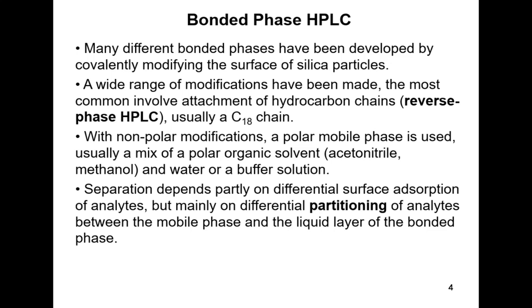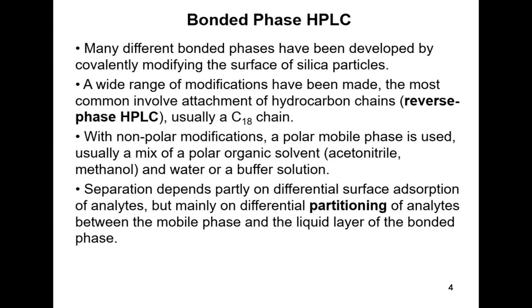What I'm also going to be discussing is the general idea of bonded phase HPLC, where you chemically modify the surface of the silica, and it gives you a much greater variety of different materials, depending on what modification you make.